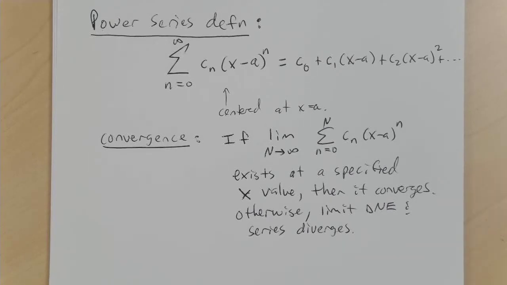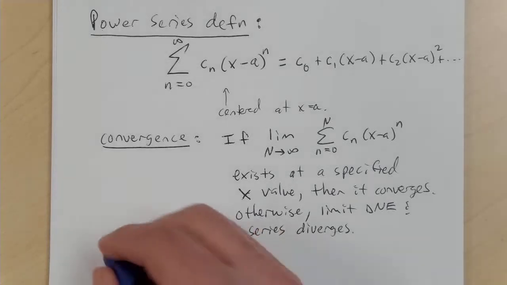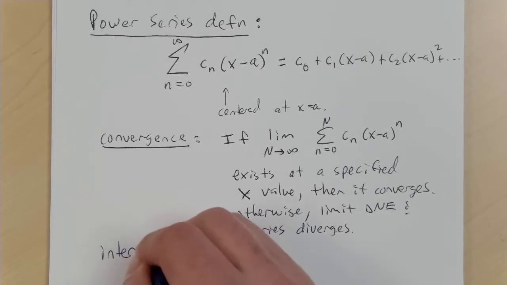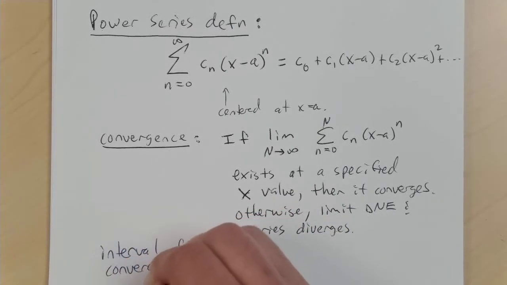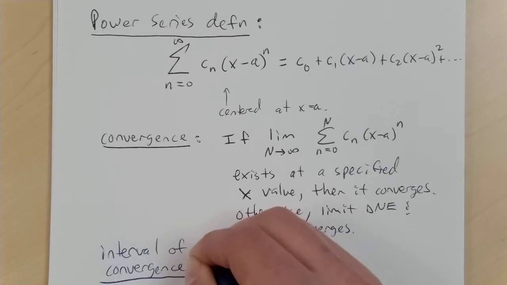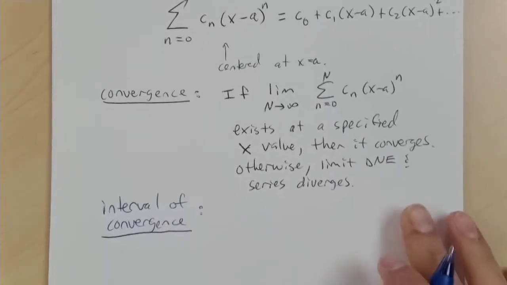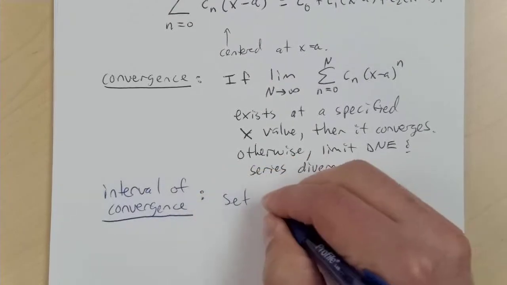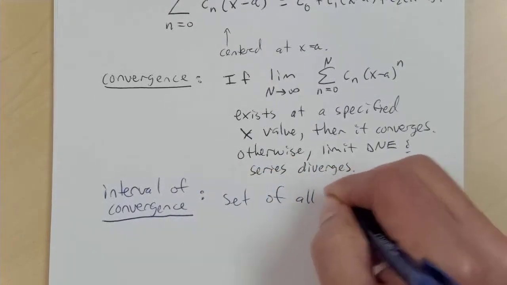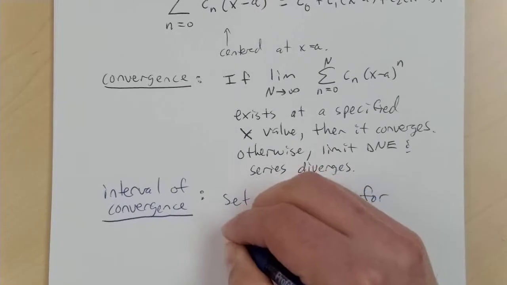Now, what we're going to probably focus some of our time on is finding intervals and radii of convergence. So let's highlight that. And we'll talk about how to find these momentarily. An interval of convergence is the set of all numbers for which the series converges.